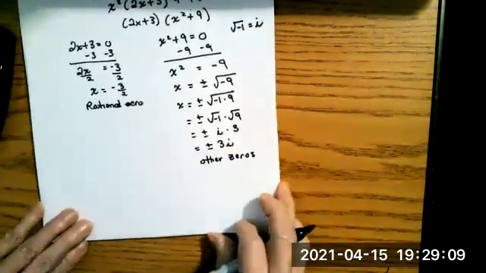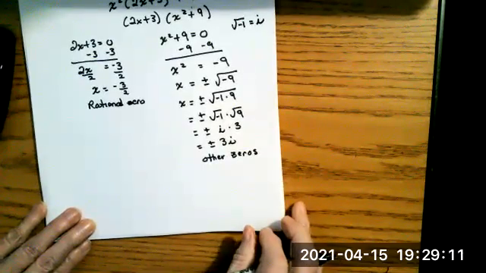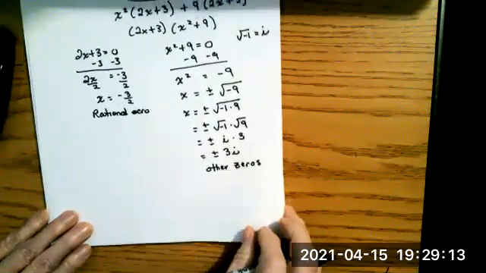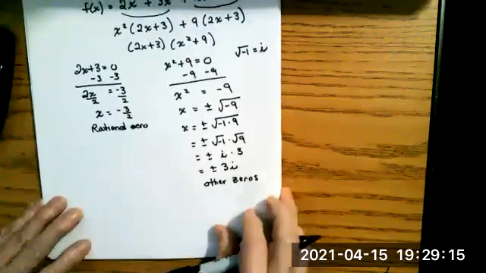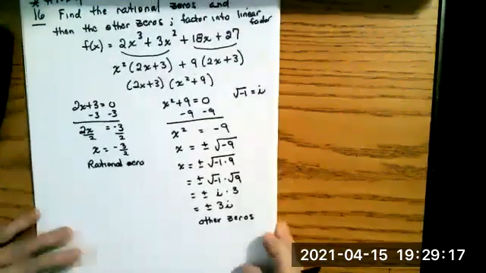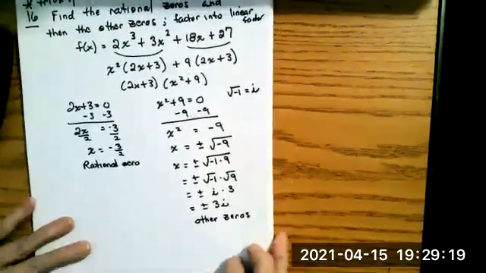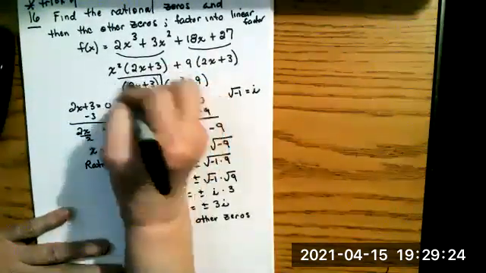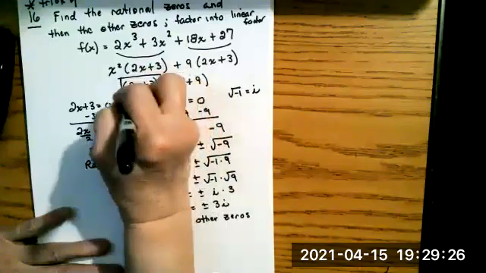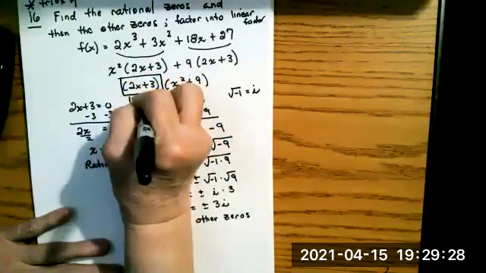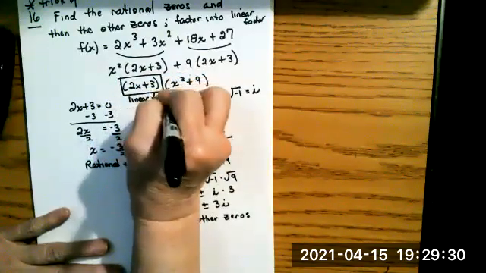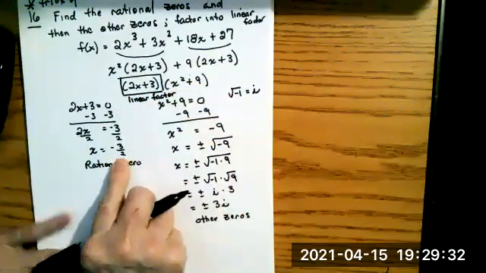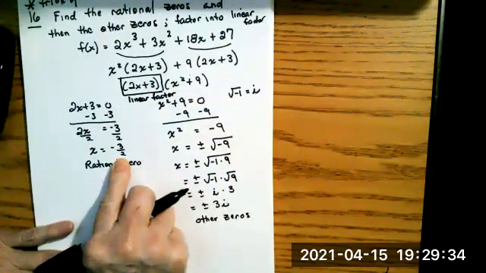Okay. So then I've got to factor it into linear factors. Now this is where you have to be careful right here. This one right here is already a linear factor. It's how I got this negative 3 halves.